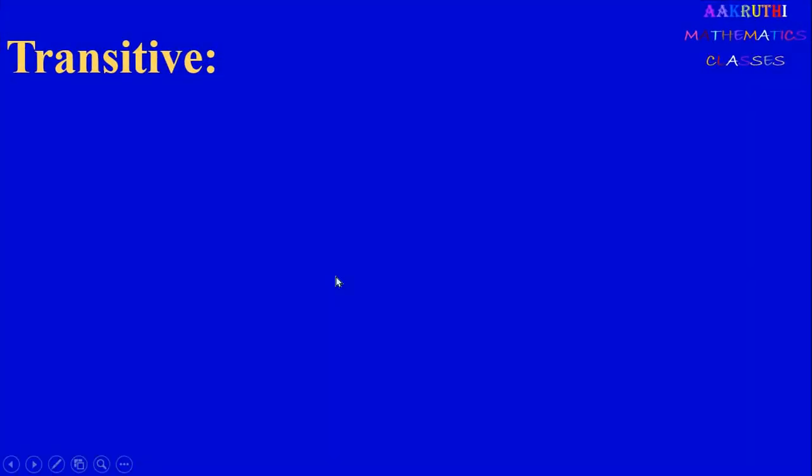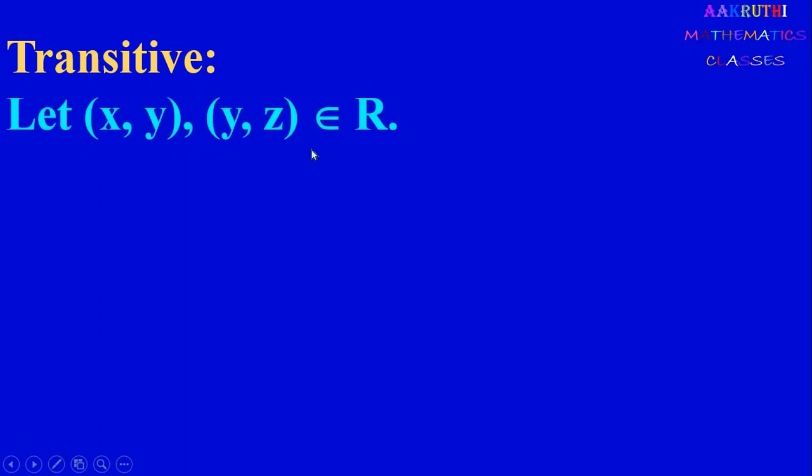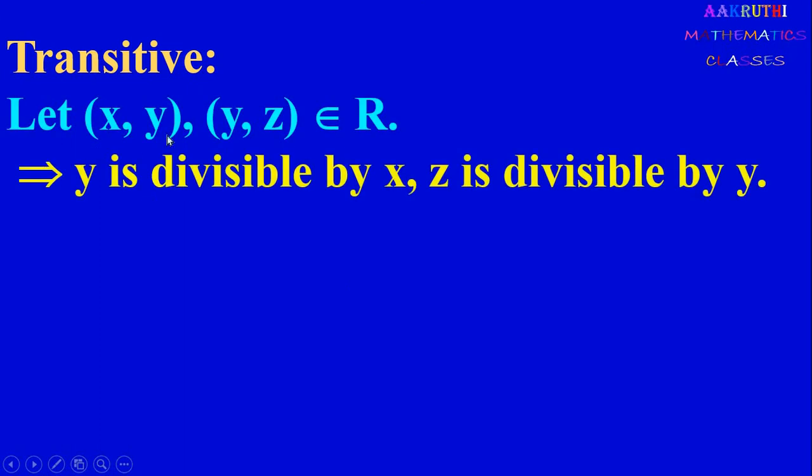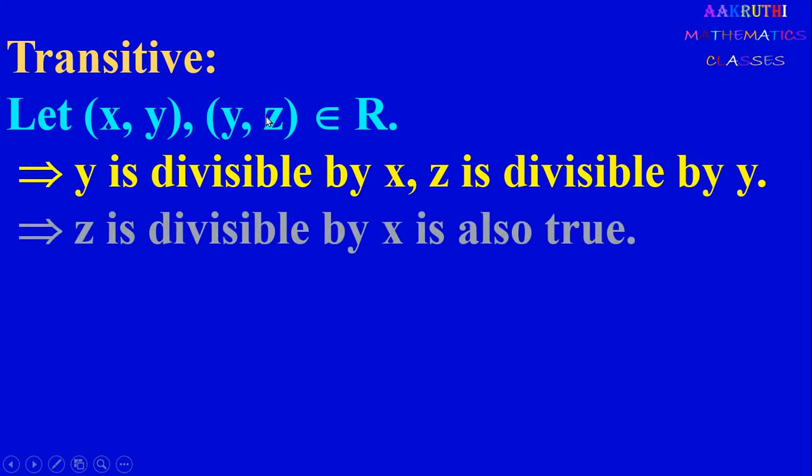Next it is transitive. Consider (x, y) and (y, z) belong to R. Then y is divisible by x and z is divisible by y. Now we have to consider whether (x, z) belongs to R or not. If y is divisible by x and z is divisible by y, then z is also divisible by x. It is always true.